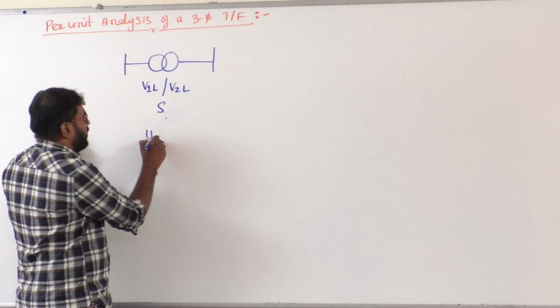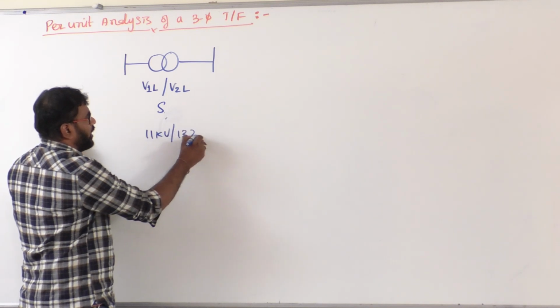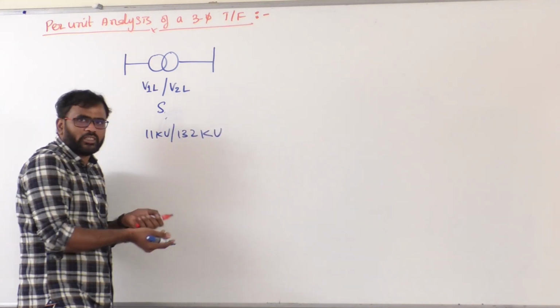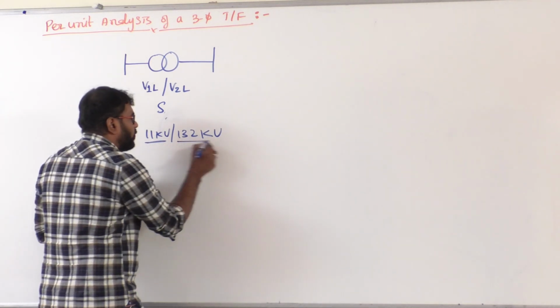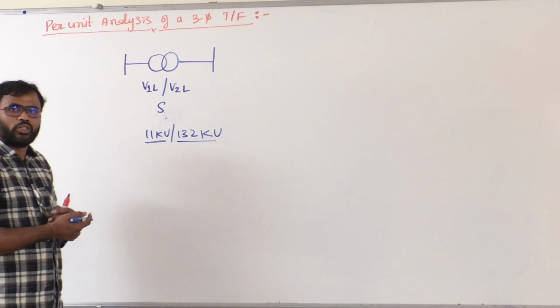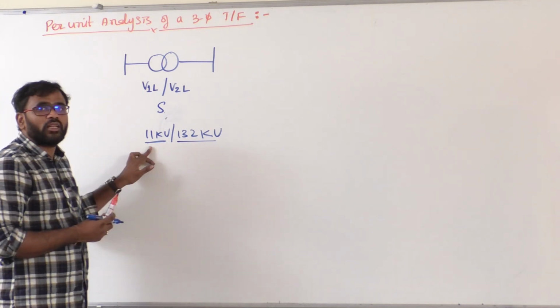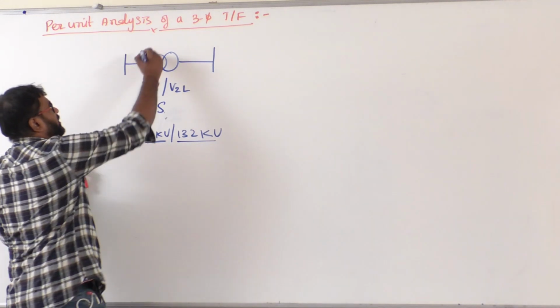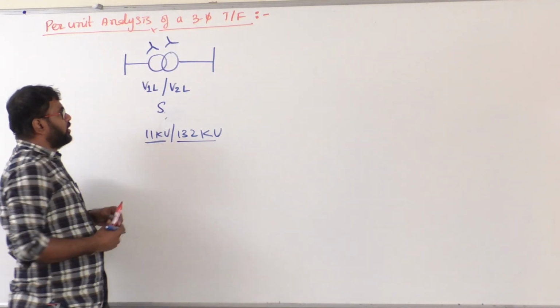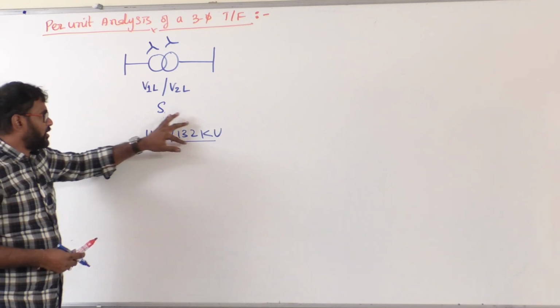Suppose it is an 11 kV by 132 kV transformer. I am saying it's a 3-phase transformer, so by default this 11 kV is the line voltage. By default this 132 kV is the line voltage. But what is the phase voltage? That depends on the connection. Suppose it is a star-star transformer, then if this is 11 kV, this is 132 kV.